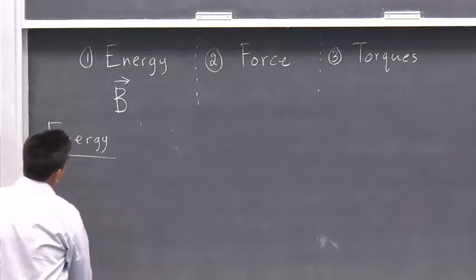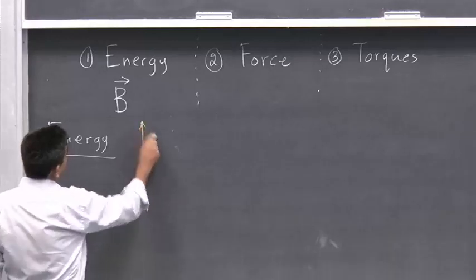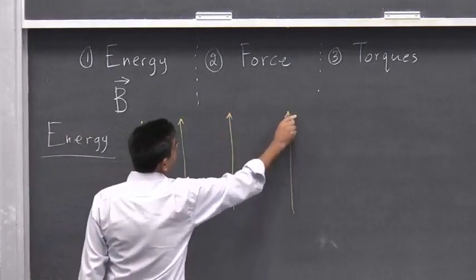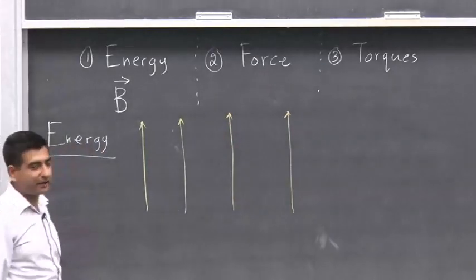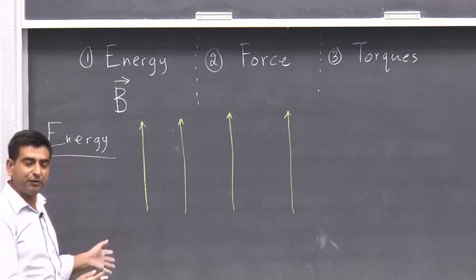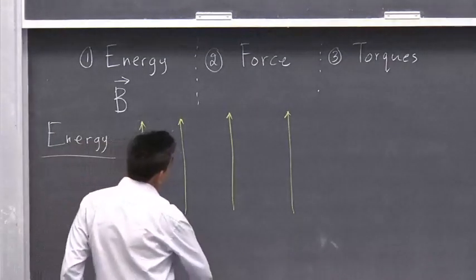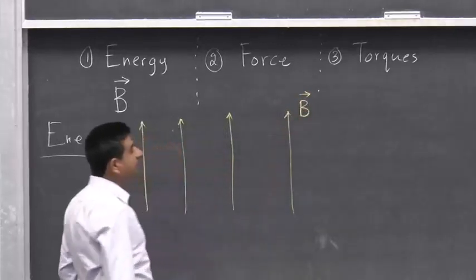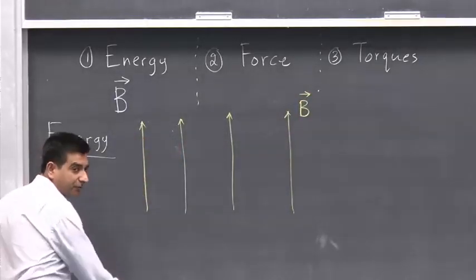Now energy. Suppose you have a magnetic field that's pointing in a certain direction and a uniform field. Now all of these concepts come from electromagnetism, and I hope you're all comfortable with electromagnetism. So this is a uniform field. That field is denoted by B. Now we can represent magnetic moments by arrows.